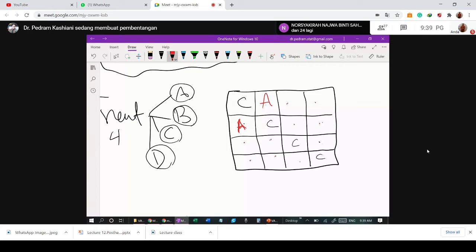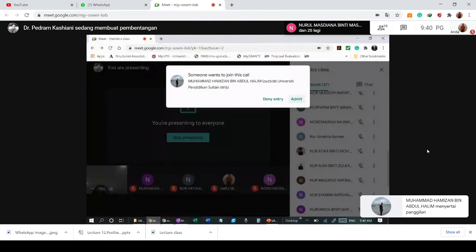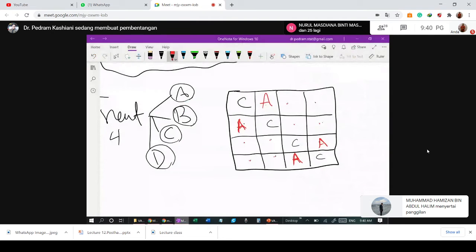These two already have A. So maybe the only place left is here. I put my A here. And then therefore, here cannot have A. And now, for the last A, the only location left is here. So this is how I randomize the treatment A.